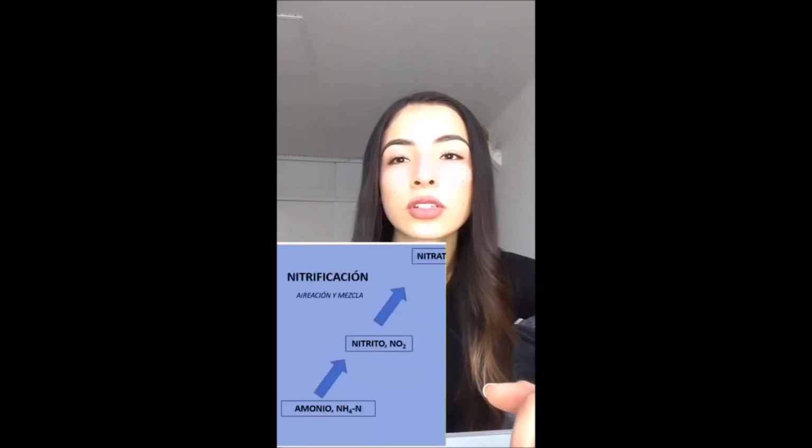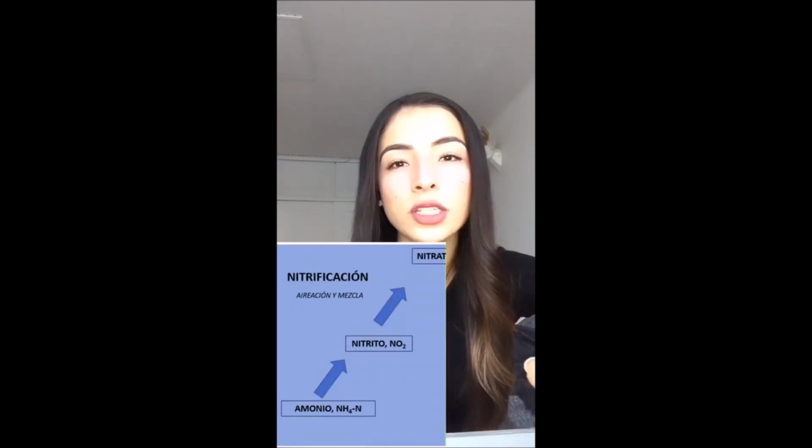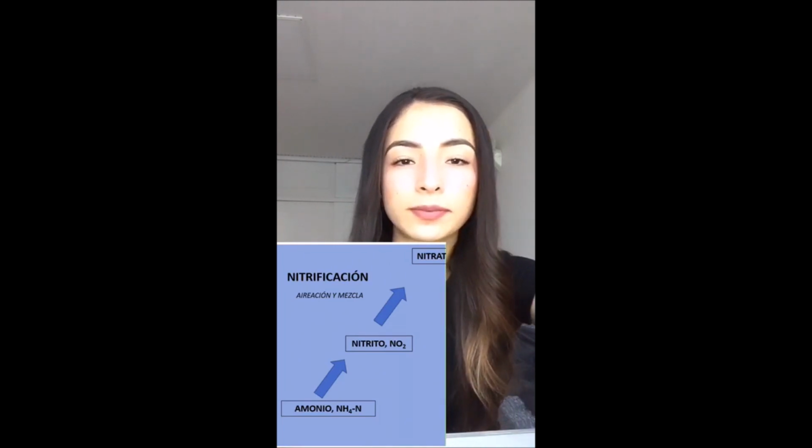Ventilation stacks are often included to promote aerobic conditions. Nitrification processes are developed. And this last, horizontal artificial wetlands.